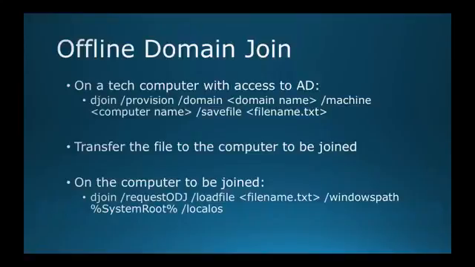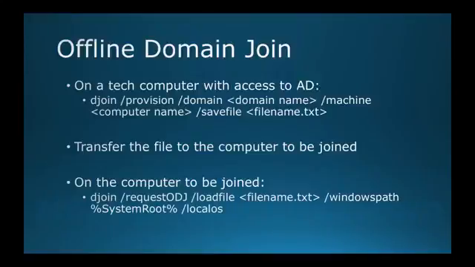So the first thing that you do is on a tech computer with access to Active Directory, you'll type in the command djoin /provision /domain, of course the domain name, /machine, the computer name, and then /savefile, you'll save it out to a file.